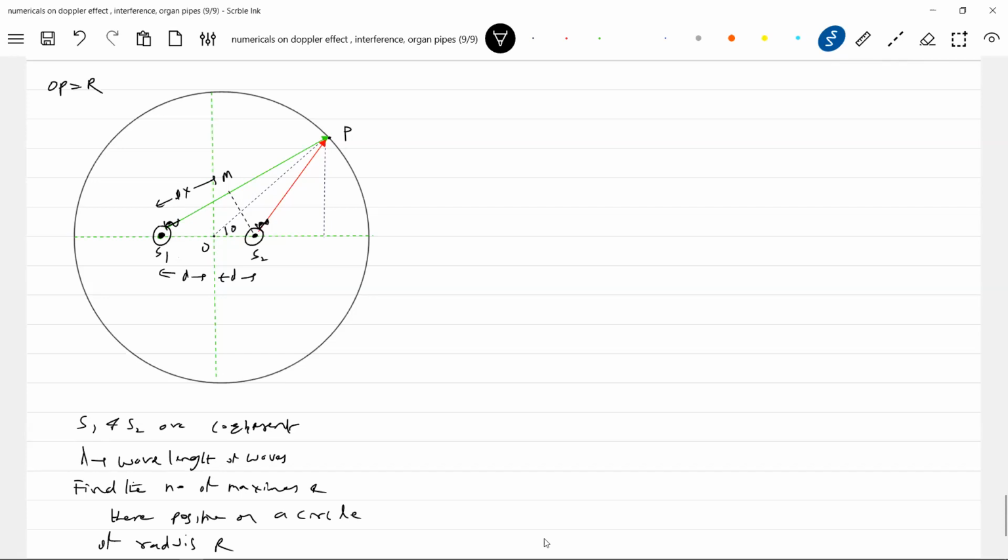Let me take this as theta. And now what is the condition? I'll put R very much greater than d. If R is very much greater than d, what conditions will arise here? How will the diagram appear?